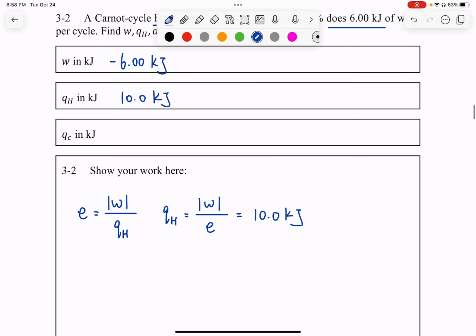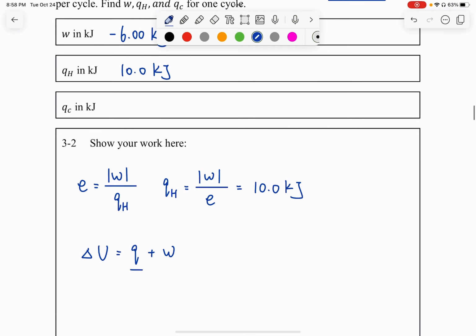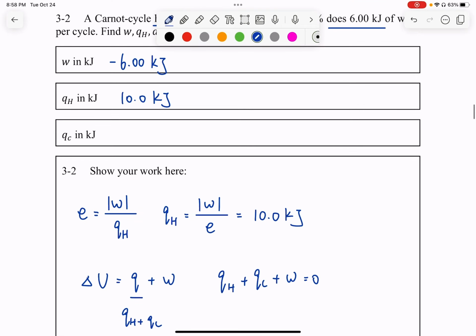As for our QC, we have our entire heat engine following the first law of thermodynamics. We have delta U equals Q plus W, and here Q equals QH plus QC. So what we have is QH plus QC plus W equals 0. So naturally our QC equals negative 4.00 kilojoule.